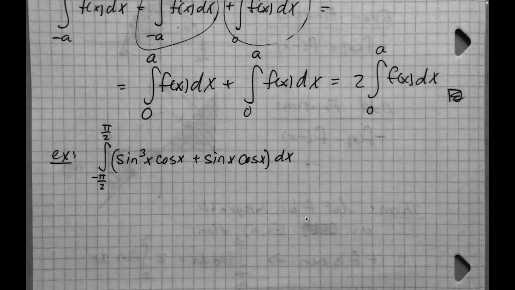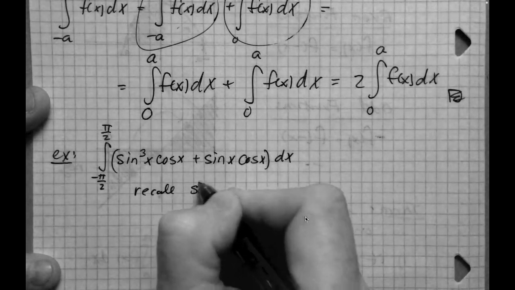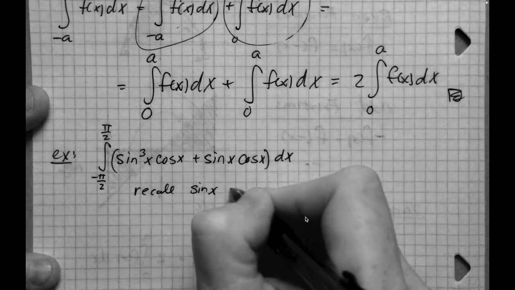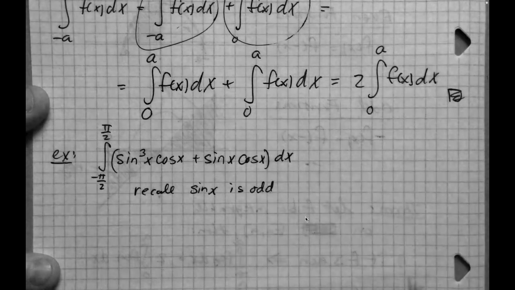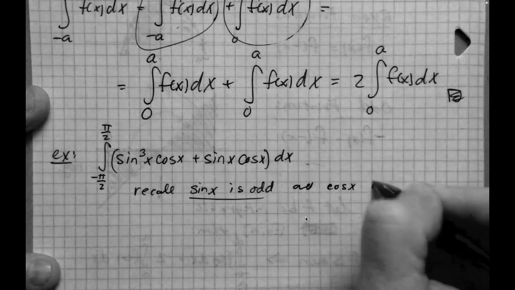Okay, so just recall that sine of x is an odd function, and so sine of x is odd and cos x is even.